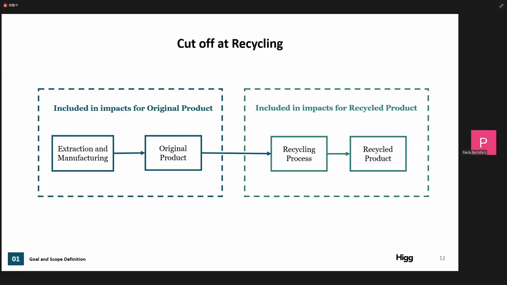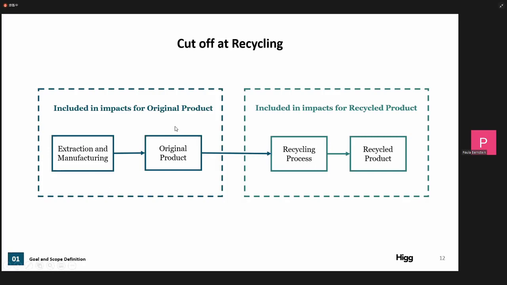Basically, this is saying that for a recycled product, so say we have a recycled polyester made from water bottles that's going to go into a shoe, 100% of the impacts of the original extraction and production of the virgin polyester belong with the water bottles.